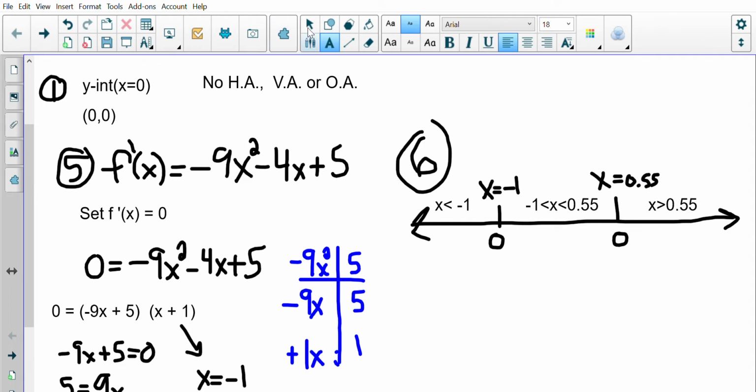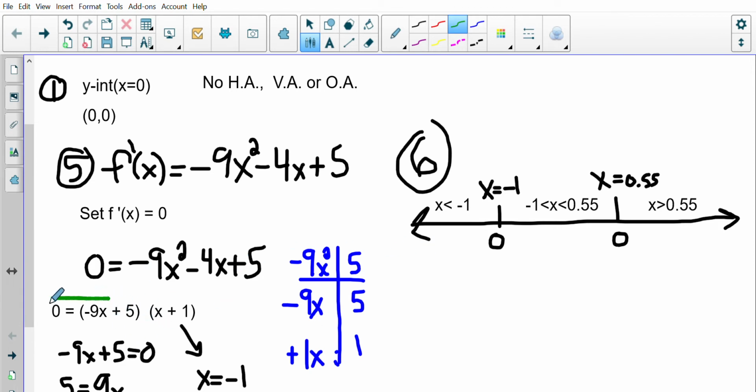And so what we're looking at is whether the function is increasing or decreasing. All right, so x is less than -1. Again, I like to use the factored form here to see what my sign would be in those intervals. Just a little bit easier, I find, for me anyways, than subbing into this polynomial. So a number less than -1, I'll pick -2. And so my first bracket, -9 times -2 would be +18.